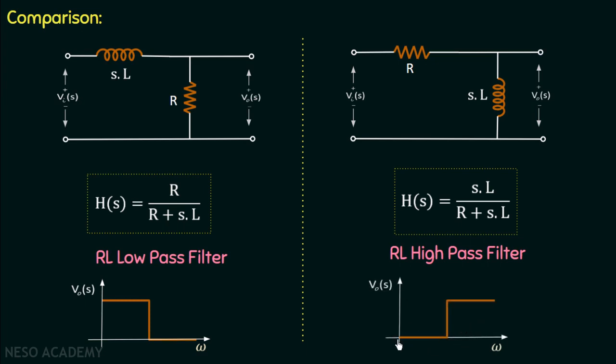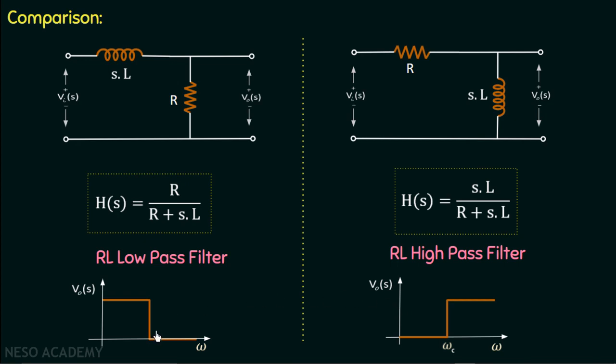We can observe that for low value of frequency, the inductor will behave as a short circuit and the output voltage will be equal to 0. But for high values of frequency, the inductor will behave as an open circuit and the output will not be equal to 0. It will be non-zero. And the frequency at which the output changes from 0 to non-zero is called the critical frequency. And in case of high pass filter, the critical frequency is the minimum frequency.